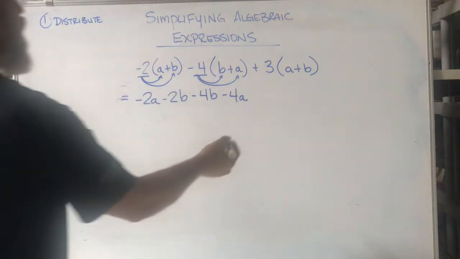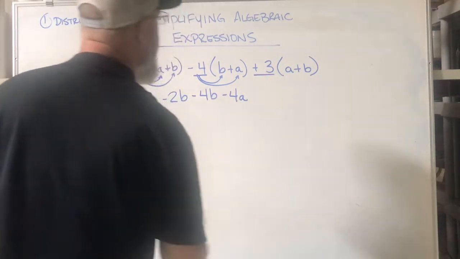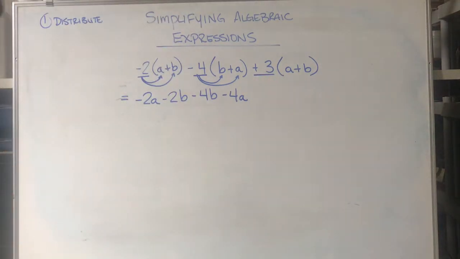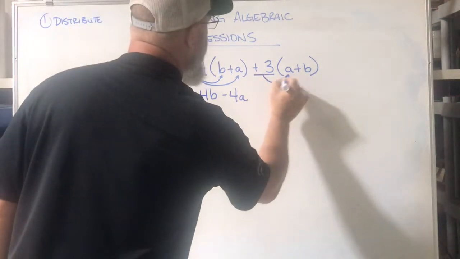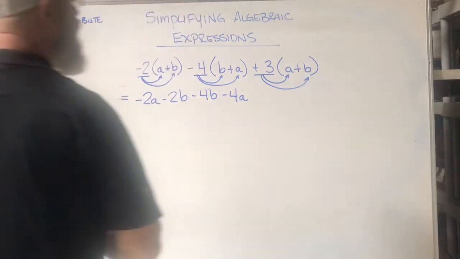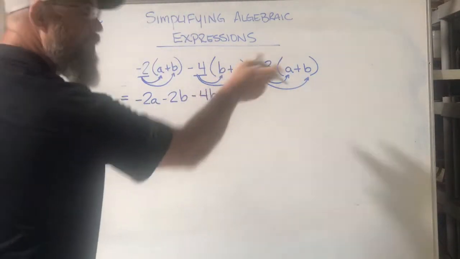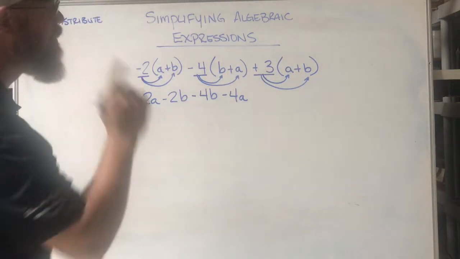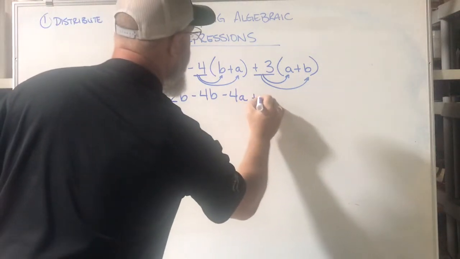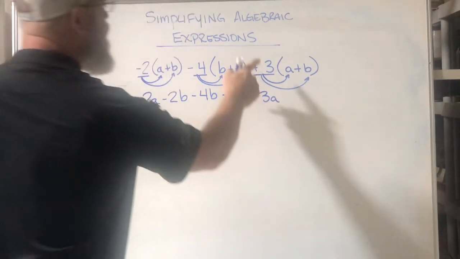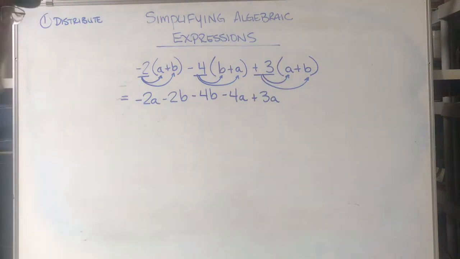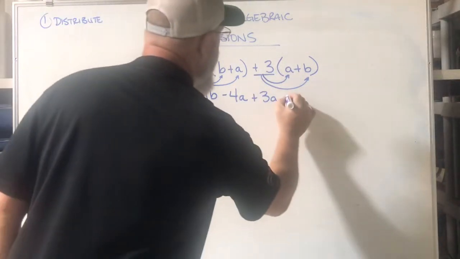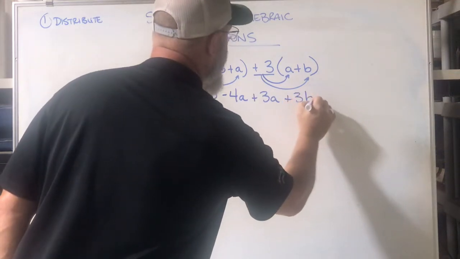Then I'm going to look at our next coefficient, which is a positive 3. So I take the positive 3, I multiply it by a, and then I multiply it by b. So positive 3 times a is positive 3a. And a positive 3 times a positive b is positive 3b.